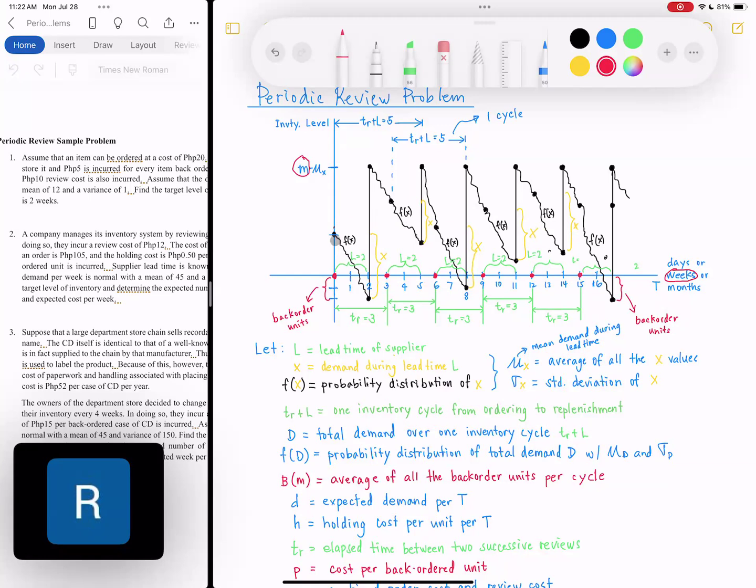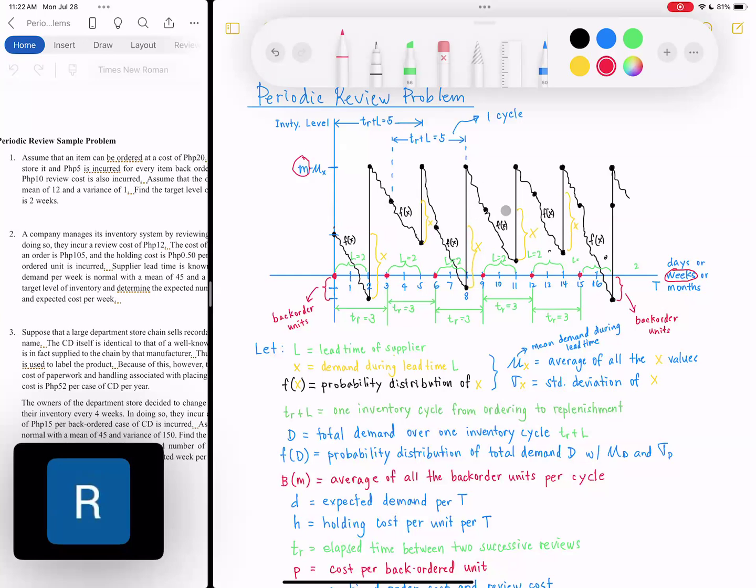You will see these points: this to this, that's your demand during lead time, and it's random. This to this, again demand during lead time. Here, demand during lead time again. Every time you see this demand during lead time, it's denoted by Fx because it's a probability distribution.